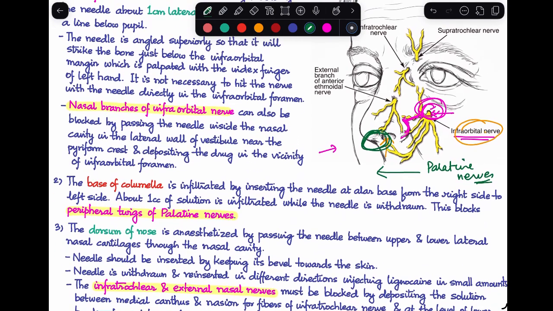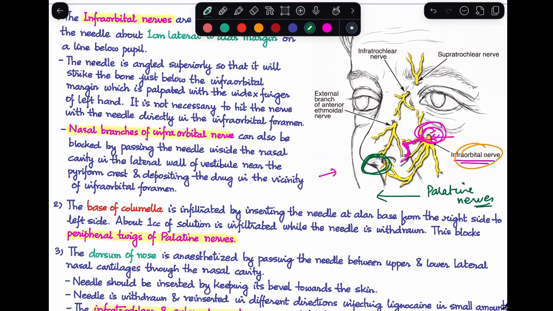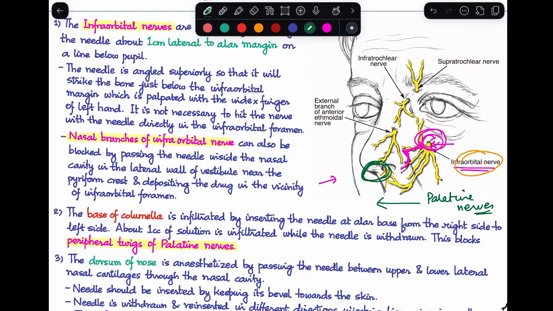Our third region would be the dorsum of the nose. So what do we do here? In the dorsum of the nose, we anesthetize by passing the needle between the upper lateral and the lower lateral cartilage. Here is the upper lateral cartilage, here is the lower lateral cartilage. We pass the needle in between the two cartilages through the nasal cavity, so this is given intranasally.